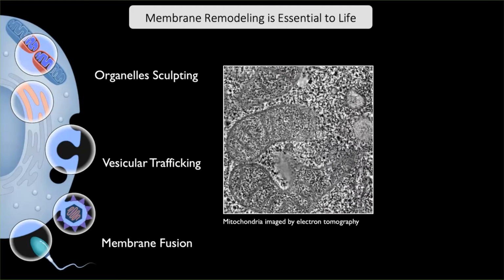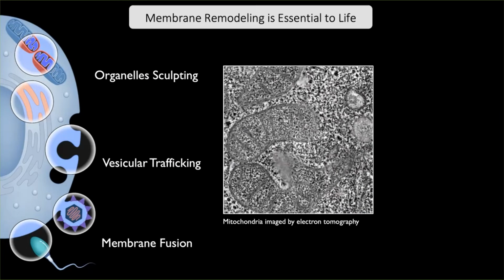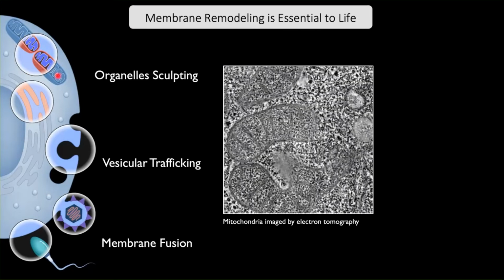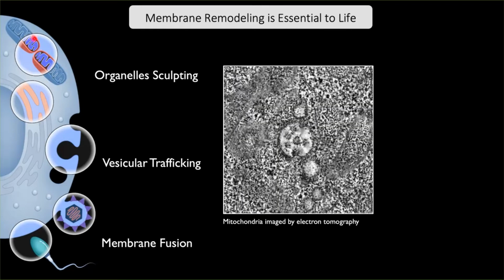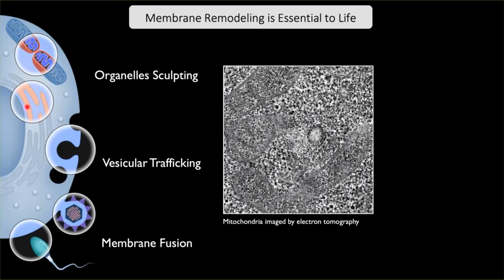And yet another example of membrane remodeling is organelle sculpting, which is essential to maintain organelle structure and function. As examples, one can think about the constant remodeling of the mitochondrial networks or the ER into tubes and sheets.